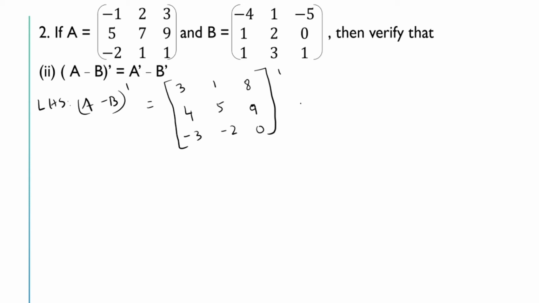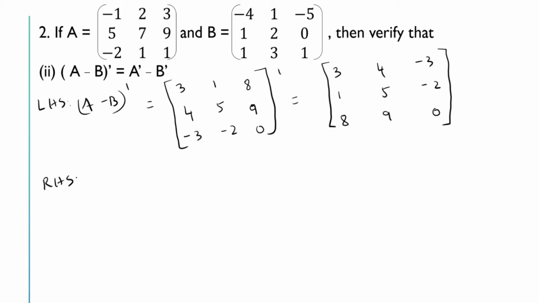This is A minus B. Now we have to find the transpose. So the first row becomes the first column, the second row becomes the second column, and the third row becomes the third column. This is A minus B the whole transpose. Now we will take the right hand side.